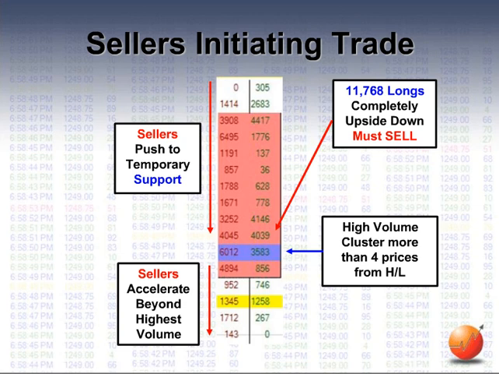So the majority of time when we see the market really moving, it has a lot more to do with stops being triggered than new trade coming into the market. It's obviously a combination of the two. But you can imagine if you already have wild excitement to sell, and then you have a lot of stops going off, which are in fact sell orders, then we're going to see a tremendous amount of volume come through.